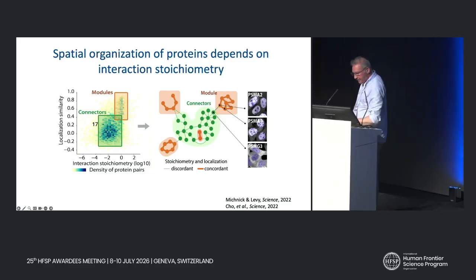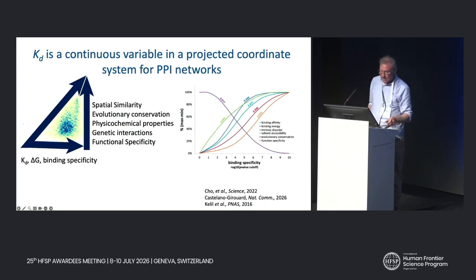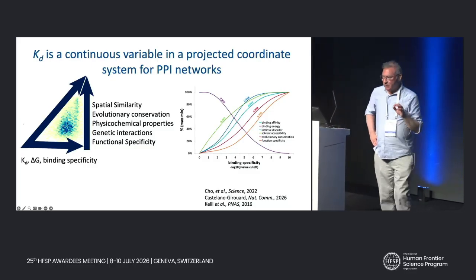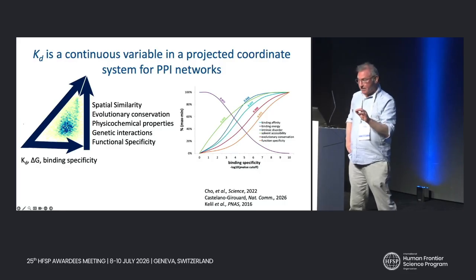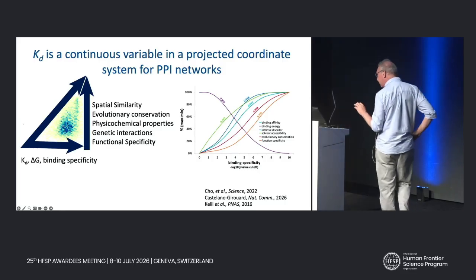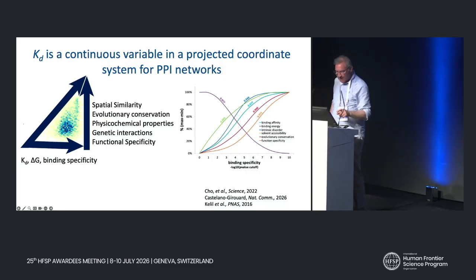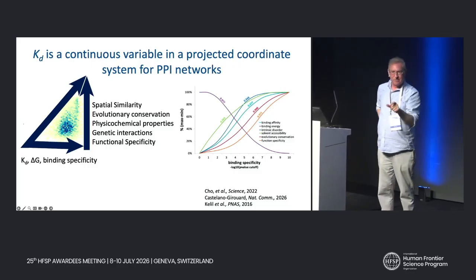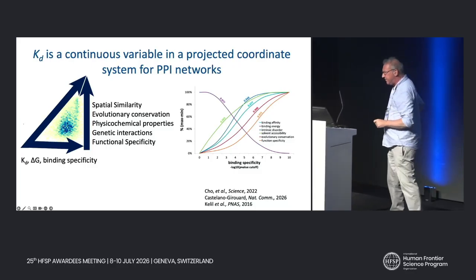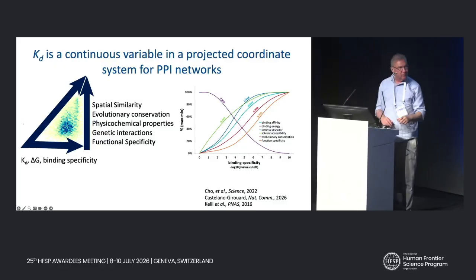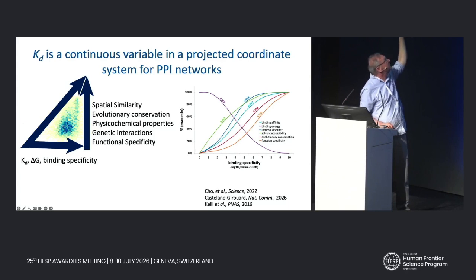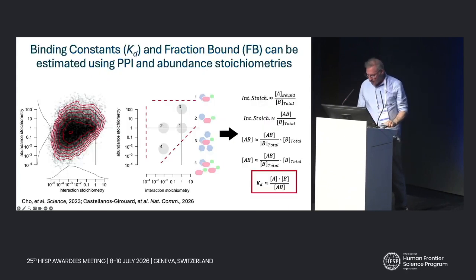And carrying this further, what this means is that on this axis, from binding stoichiometry, you can obtain PPI, you can obtain binding constants, dissociation constants, KD, and you can obtain binding specificity. And now this becomes the coordinate system that you need to define the molecular organization of a cell. And in fact, it does. Without going into detail, all of these different characteristics, including genetic interactions, correlate with KD.